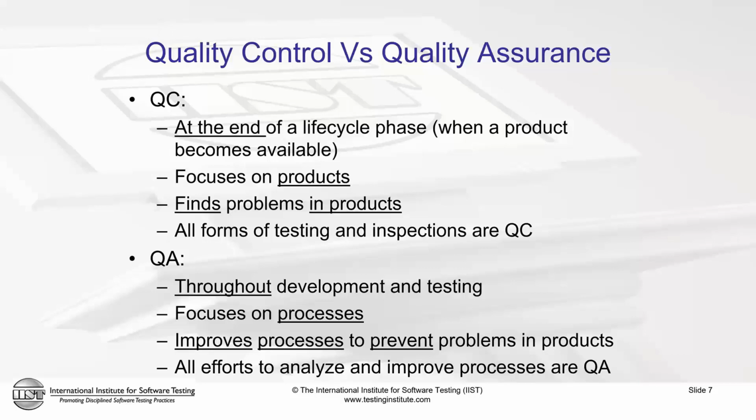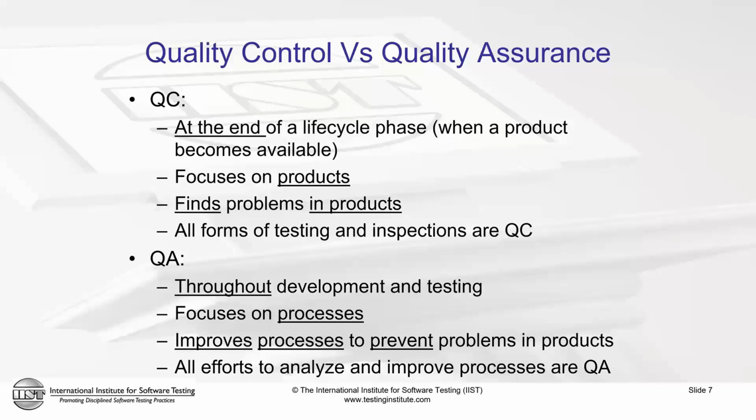What do we fix? We fix the process. The hope is this: when this process that has been fixed is used to produce more products, those products do not have the problems. So really, quality assurance is about preventing defects by focusing on the process.